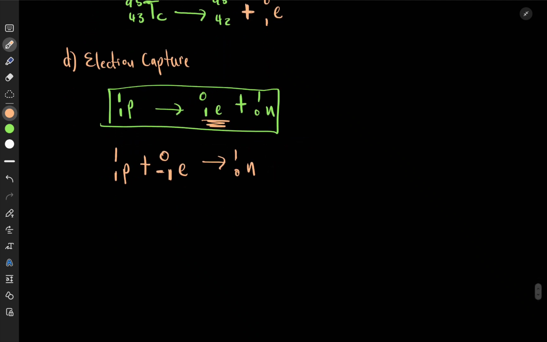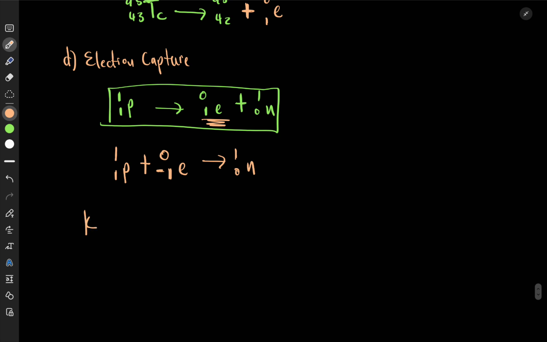What will we be having? Something like potassium. Potassium is K, and we'd put our numbers 40, then 19. Don't be surprised if you go to the periodic table and don't see these numbers. We've said that this top number is the mass number, not the relative atomic mass. So it now meets an electron, 0, minus 1. That is electron capture, E. Then it's going to have 40 plus 0 is 40, and 19 minus 1 is 18, and anything with 18 is argon, Ar.